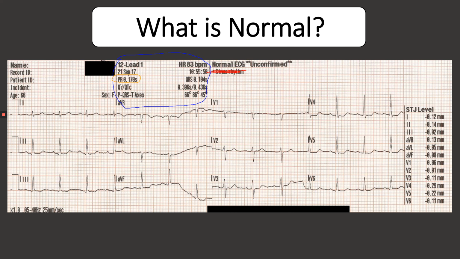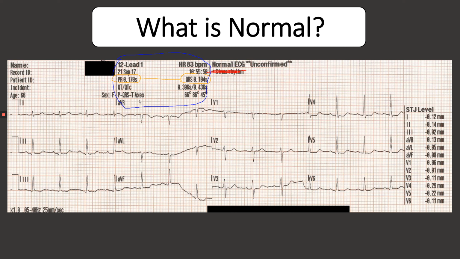This is your PRI interval, from the beginning of the P wave to the start of the QRS, which should be 0.120 to 0.200. Over to the right of that, you have your QRS duration, 0.08 to 0.12, again the normal range.